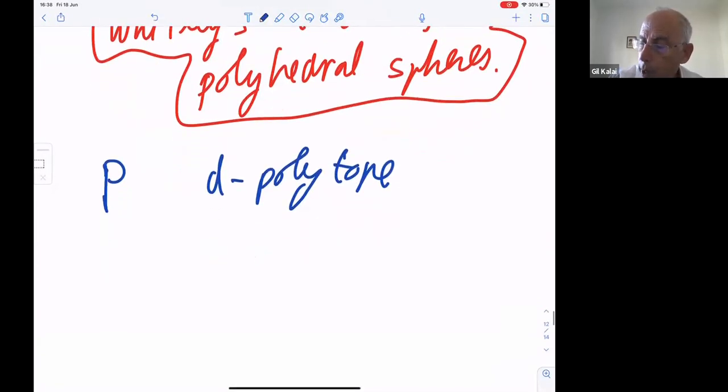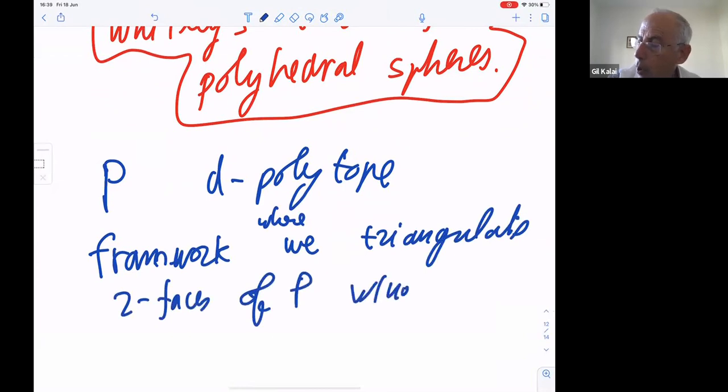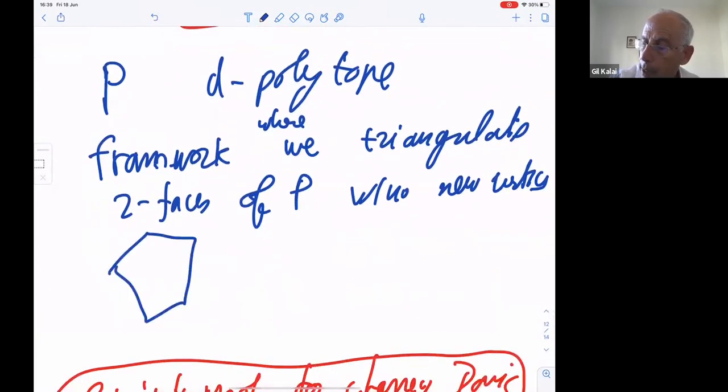Now we consider a framework where we triangulate the two-faces of P with no new vertices. So every time we have a two-face of P, we add diagonals. A simple way to say it: we triangulate the two-faces of P with non-crossing diagonals.